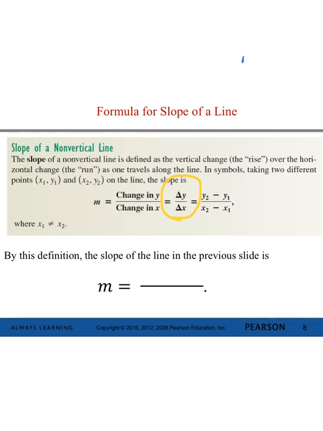So by this definition, the slope of the line in the previous slide would have been, remember, the change in x was positive 5, and the change in y was negative 9, and that then makes our slope negative 9 over 5.